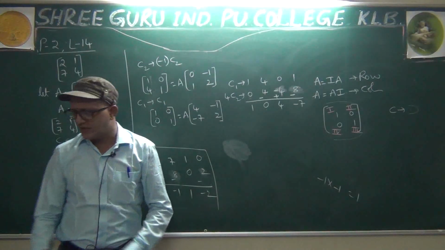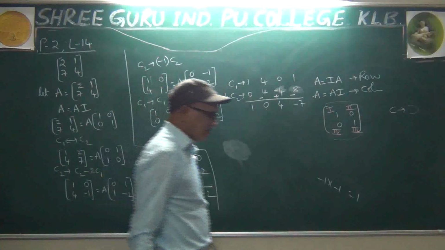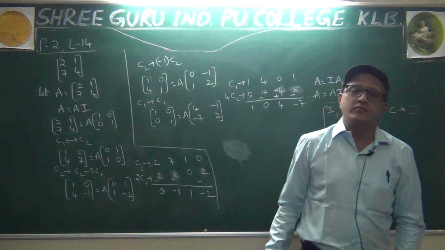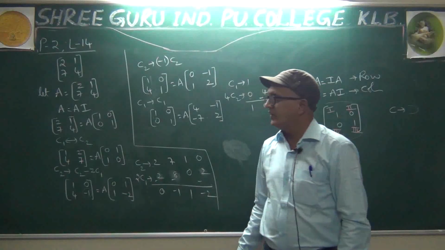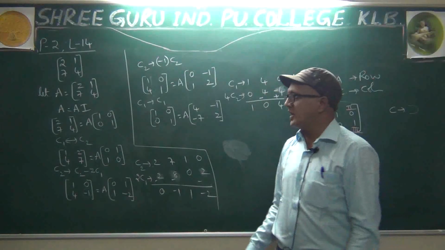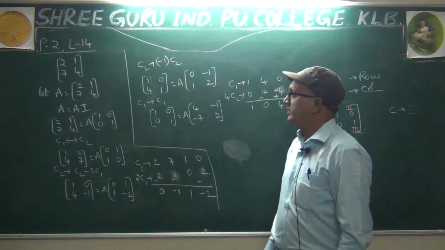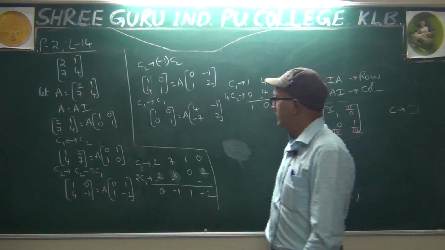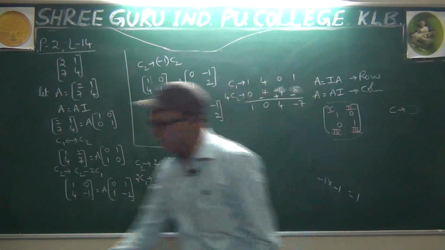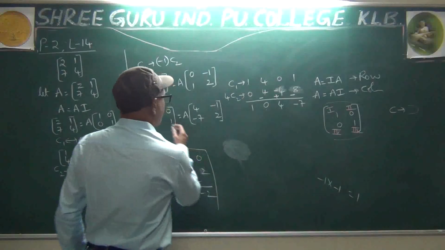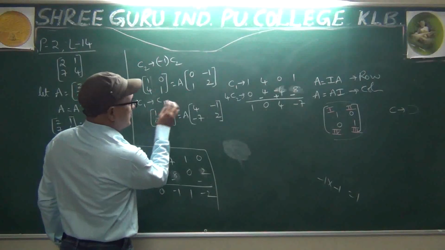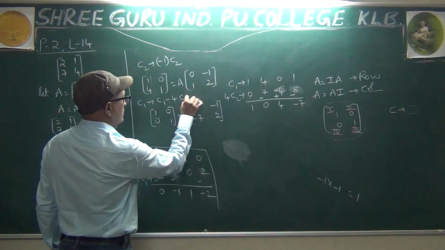Okay. This is the way to solve column operation. One more question, the last question I will do in column operation. The remaining questions you have to try. Here we forgot to write the operation we have done: C1 minus 4C2.